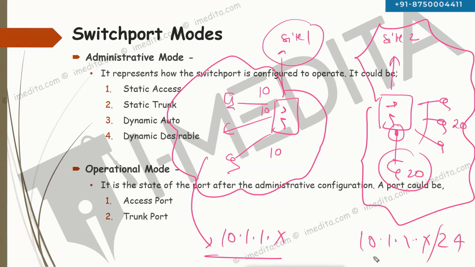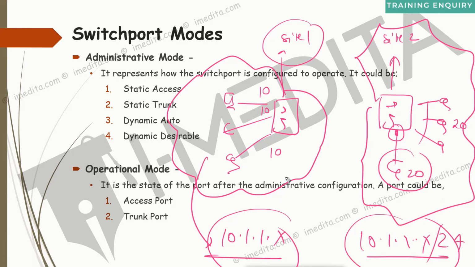Why? Because these were two different sites. There was no connection between them. So whatever subnet was being used here, the same subnet is being used here. We can use the private IPs wherever we want. Now, go ahead and try to perform inter-VLAN routing. You cannot perform inter-VLAN routing. How are you going to fix this problem there?